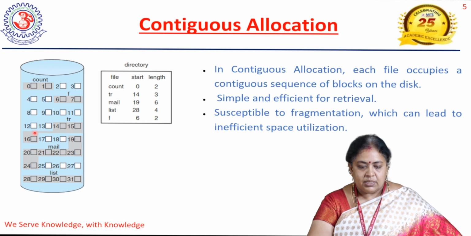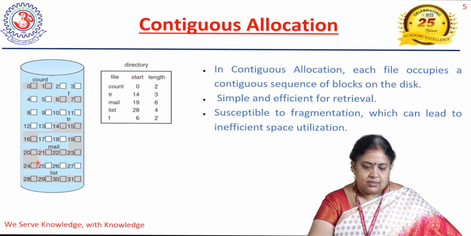It is suitable for both sequential access as well as direct access. For example, if you want to access the file mail, we have the starting address. The 19th block is the starting address of mail, and we have 6 blocks, so we can do sequential access, and it is very easy to retrieve.